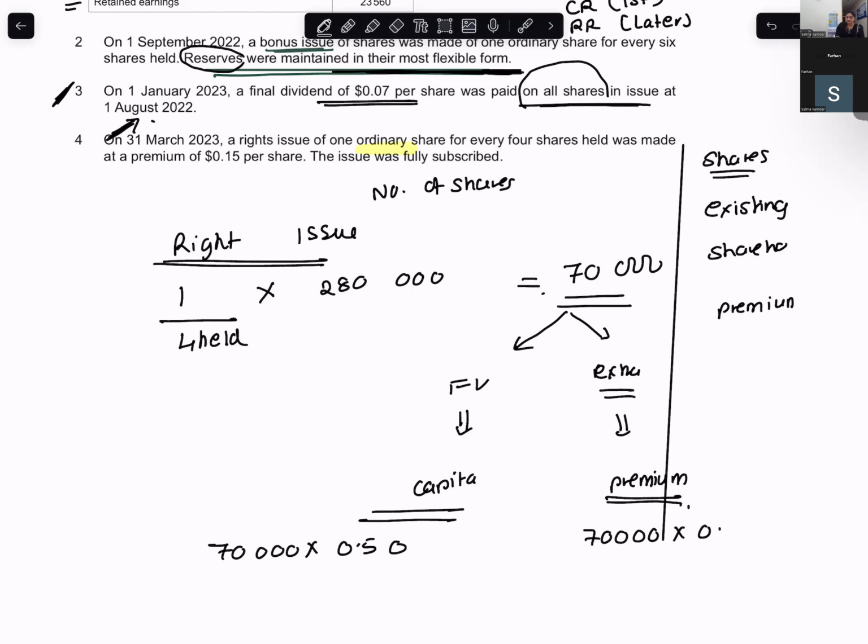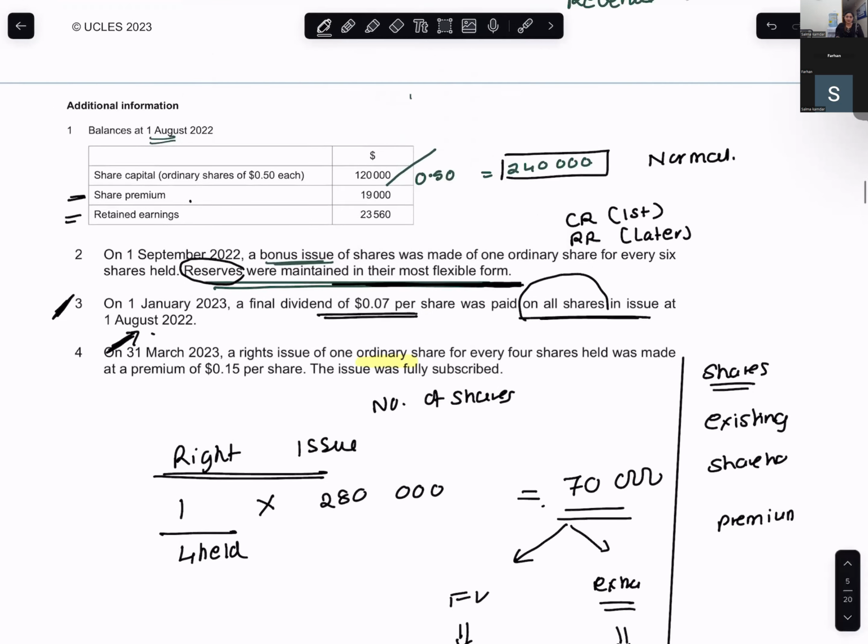And what is our premium value? 0.15. So 70,000 into 0.50 is how much? 35,000. And 70,000 into 0.15 is how much? 10,500. So come on, tell me how much will go in the share capital?